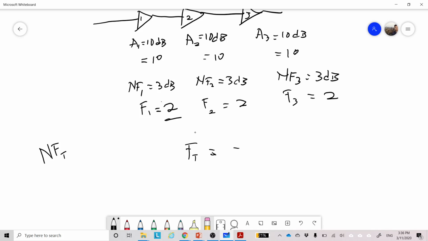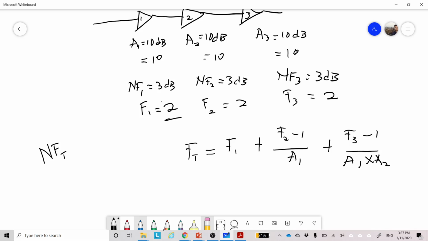So therefore ini bersamaan dengan F1 tambahkan dengan F2 tolak 1 bahagikan dengan A1 tambahkan dengan F3 tolak 1 bahagikan dengan A1 darabkan dengan A2.